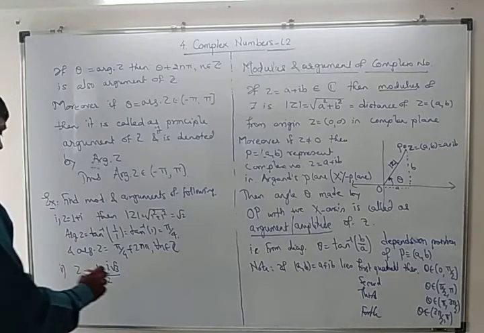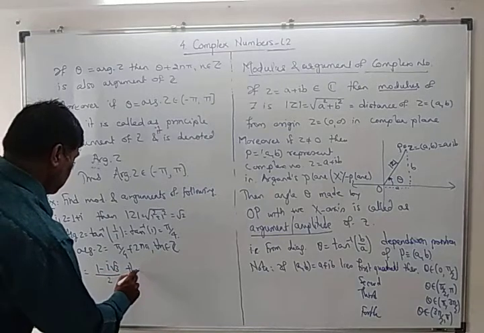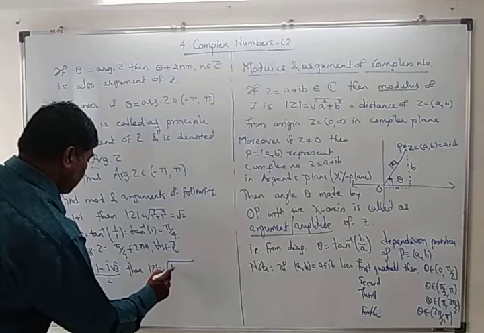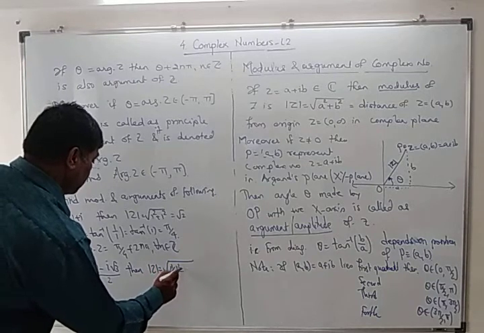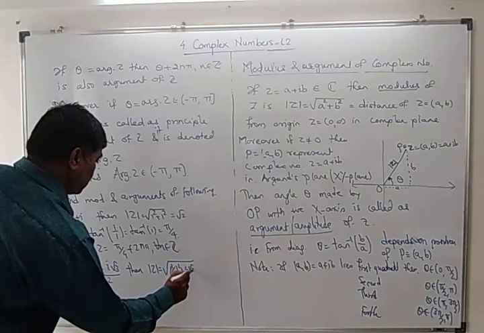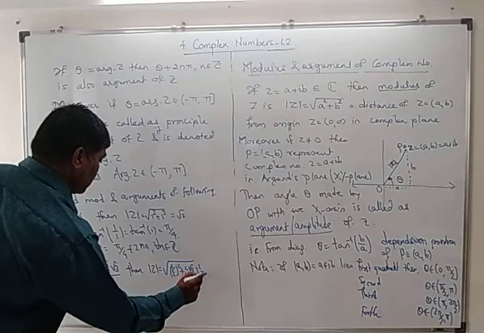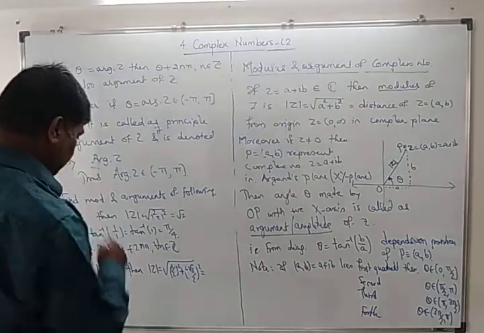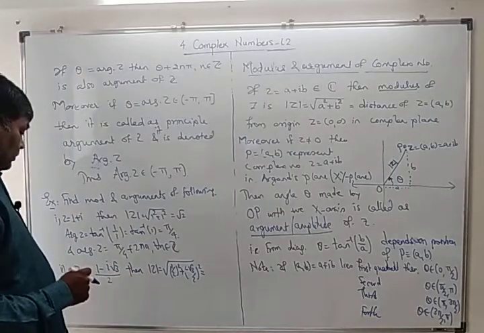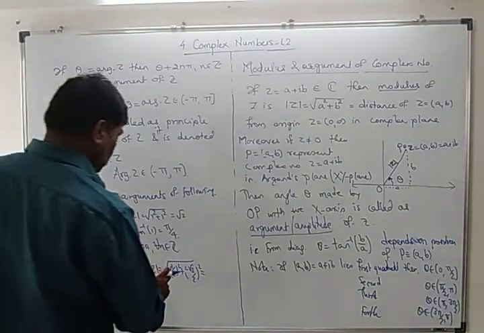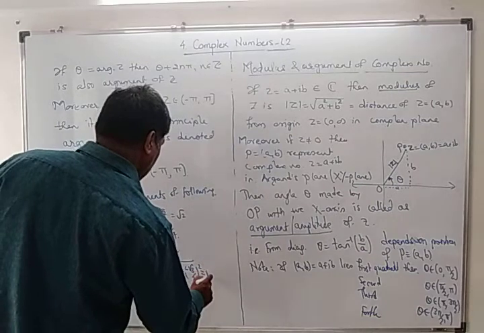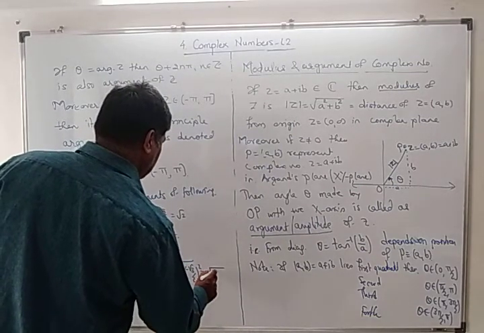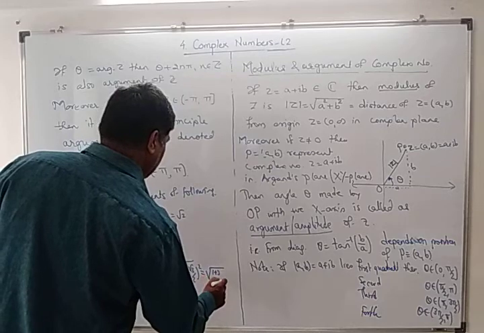Then mod z is equal to under root of half square plus minus root 3 by 2 bracket square, which is under root of 1 by 4 plus 3 upon 4, which is 1.